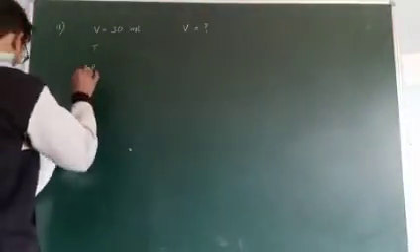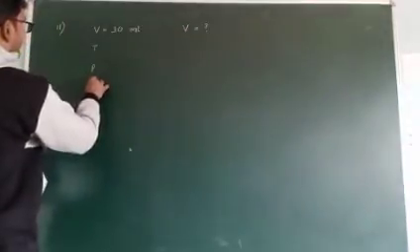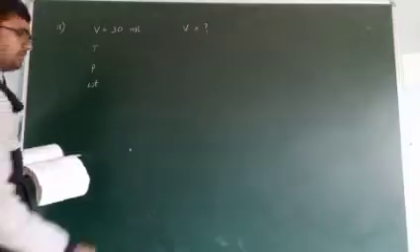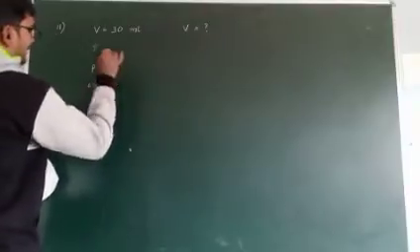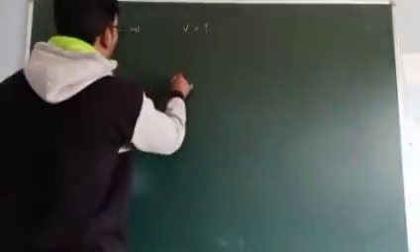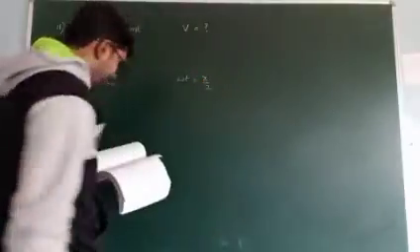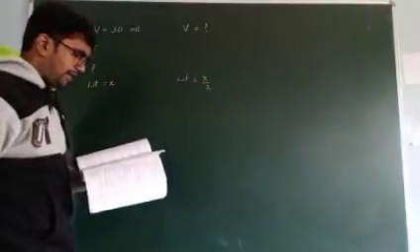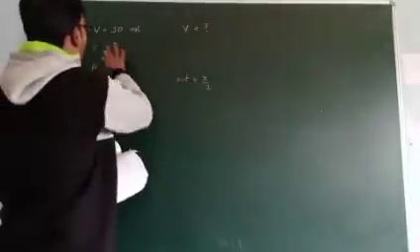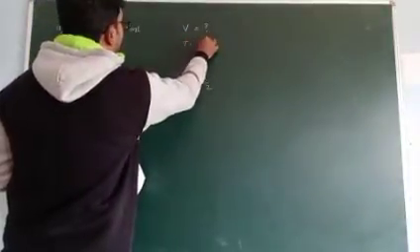What volume would half this mass of hydrogen occupy at triple the absolute temperature? For the beginning, the quantity of hydrogen is taken as weight x. Half this mass means weight is equal to x by 2. Temperature value is triple, 3T.